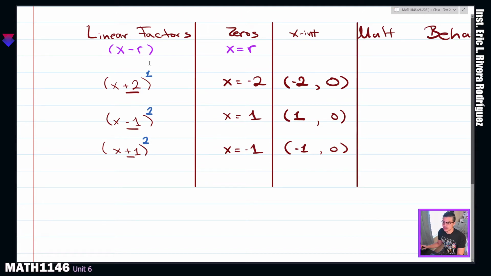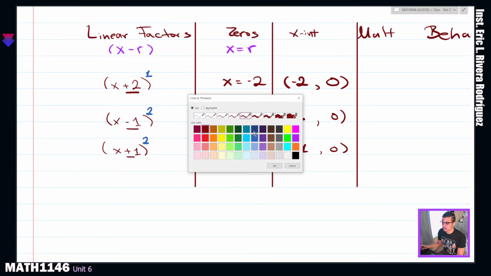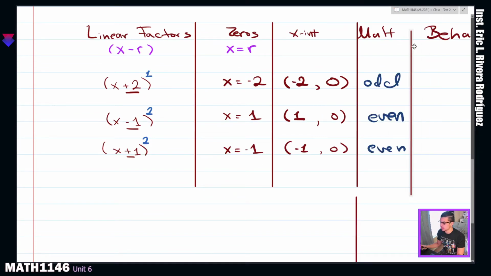So multiplicity, you are going to identify the exponent on those factors. So we have multiplicity here is 1, so odd. Here is 2, even, and the other is odd. And with the multiplicity, we can get the behavior of the graph on those x-intercepts.